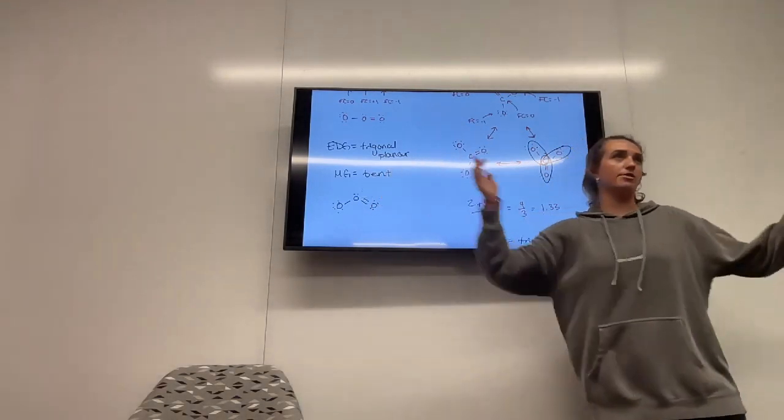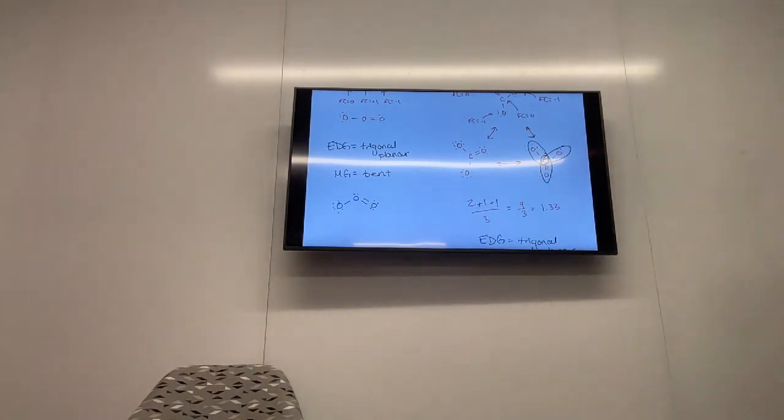However, when we have the lone pair, they're going to squish a little bit together, so it's going to be less than 120 degrees. That's really all you need to know. On the test, she could ask you whether it's equal to 120, less than 120, or greater than 120.